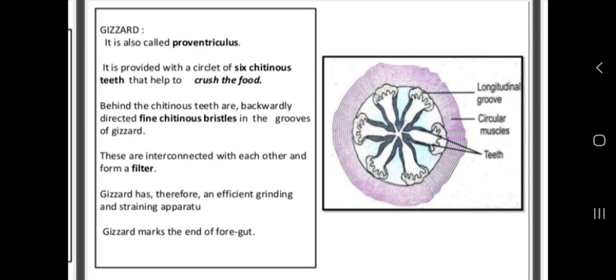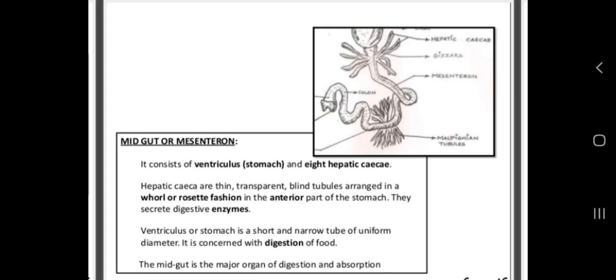Before entering into the midgut, the gizzard narrows into a long tubule, and this narrow region of the gizzard, before opening into the midgut, is guarded by a valve known as the stomatial valve.